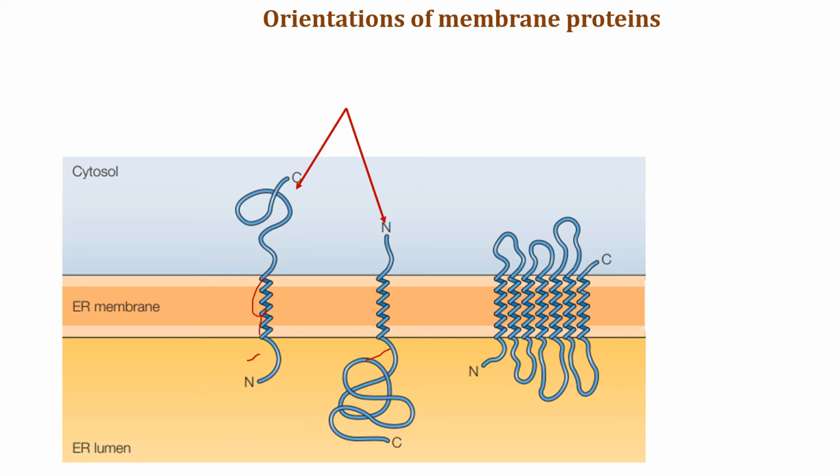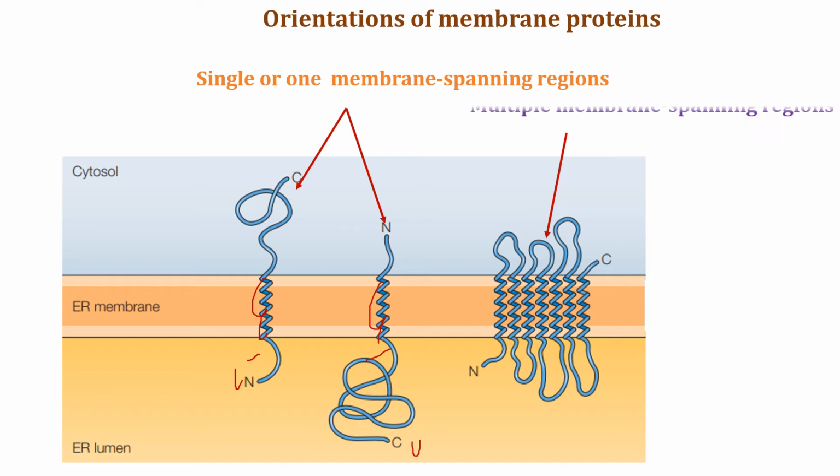This is only one alpha helix span, but they differ in whether the N terminus or the C terminus is in the ER lumen.